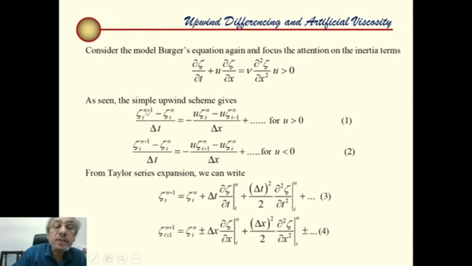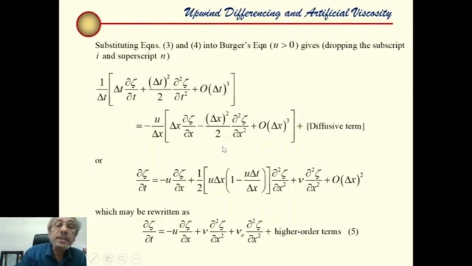For example, if we want to write (ζ_i at n+1 minus ζ_i at n) divided by Δt, we get the remaining terms on the right-hand side, which is a truncated series, and we will try to use this truncated series for this term and see what happens.